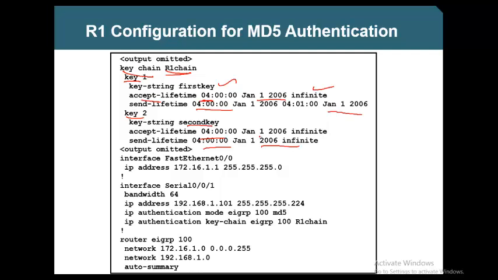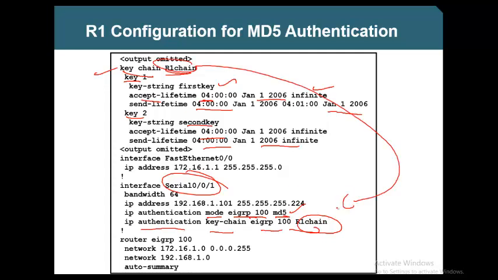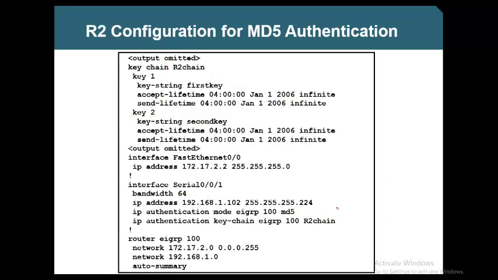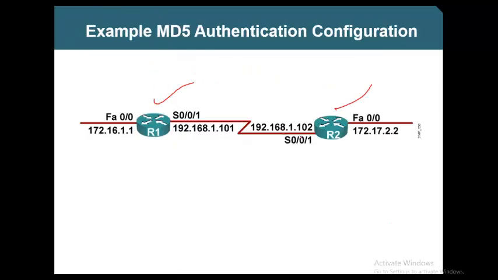So we create a keychain with the keys, and we go to the interface and call the keychain. IP authentication mode EIGRP 100, MD5 is the mode. IP authentication keychain for EIGRP 100 is this one, R1J. Likewise, you do it on another router, R2. All right, so between these two routers, authentication is enabled.